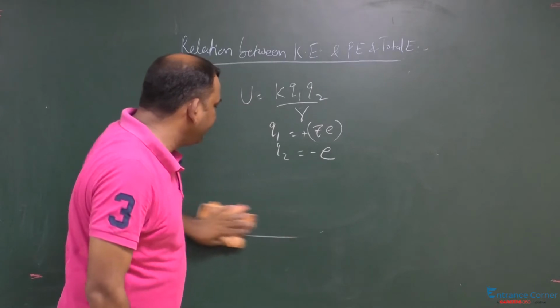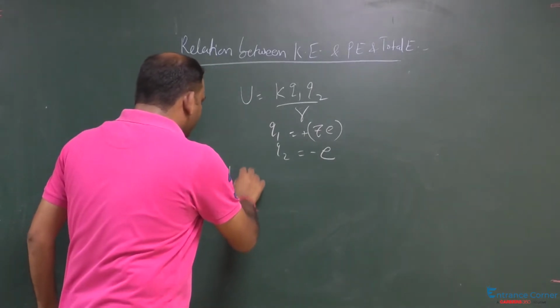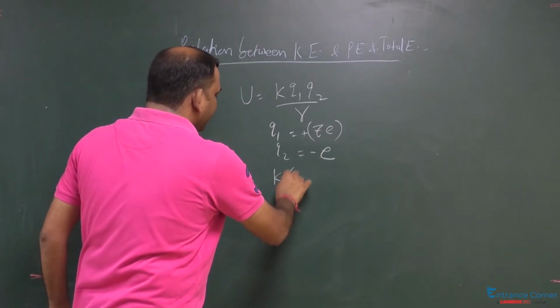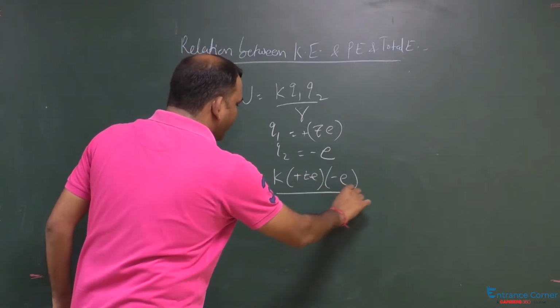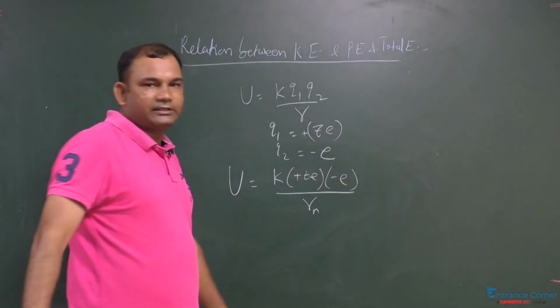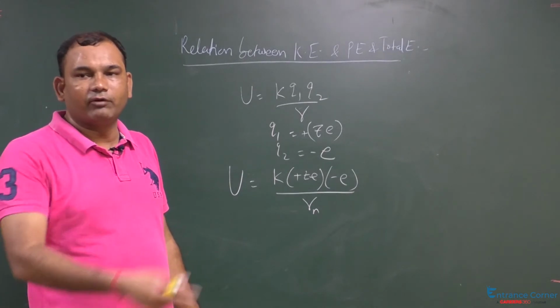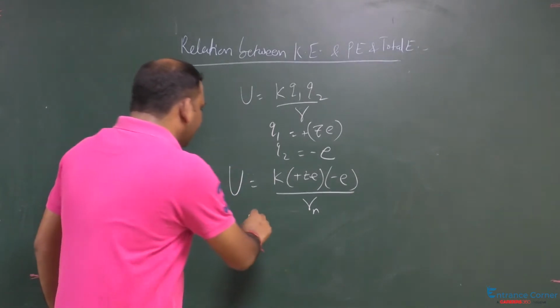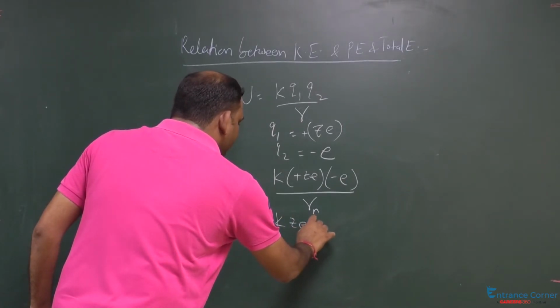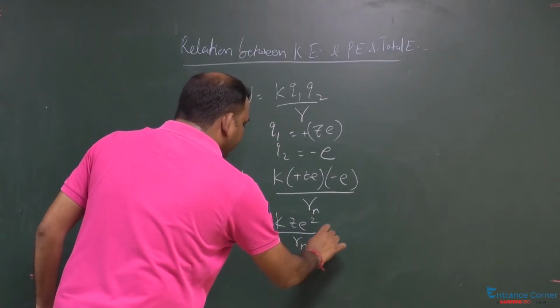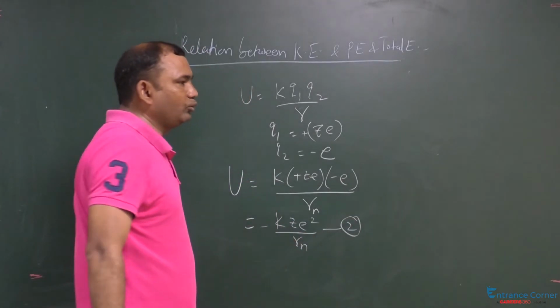So, potential energy U is equal to K into plus Ze into minus e upon the distance between these, which is Rn, because it is revolving in the nth orbit. So, that is equal to minus kZe square upon Rn. Let us say this is equation number 2.